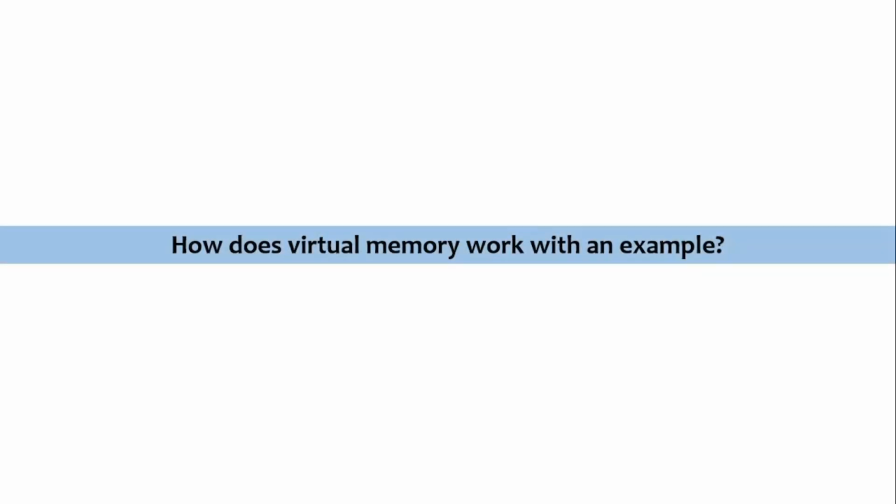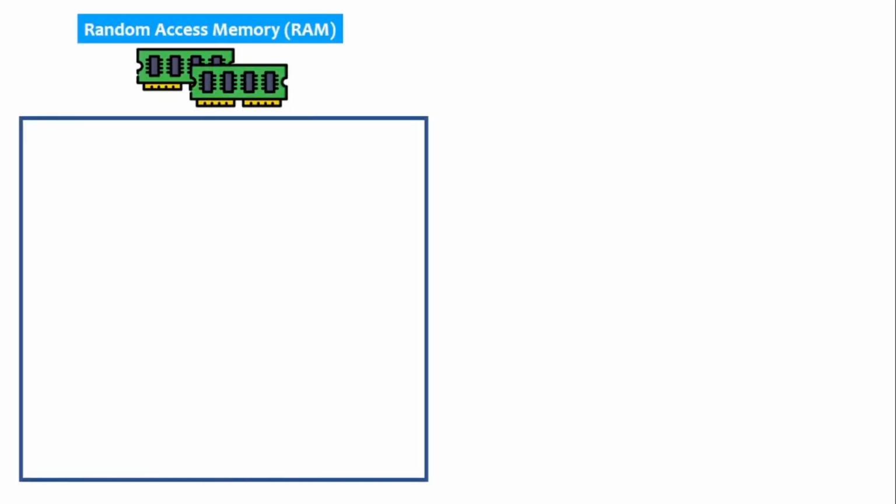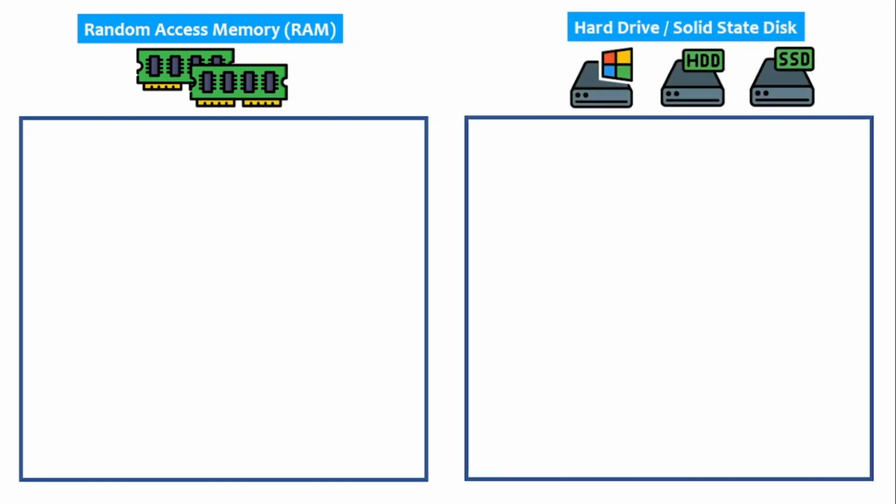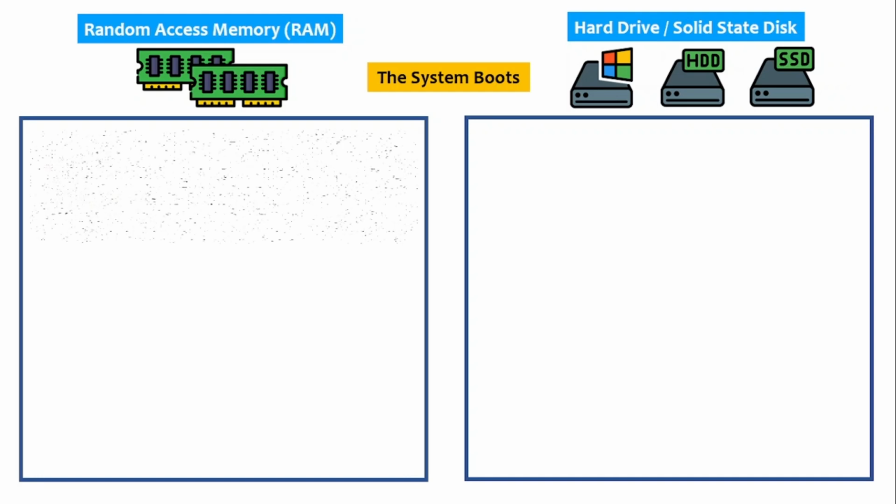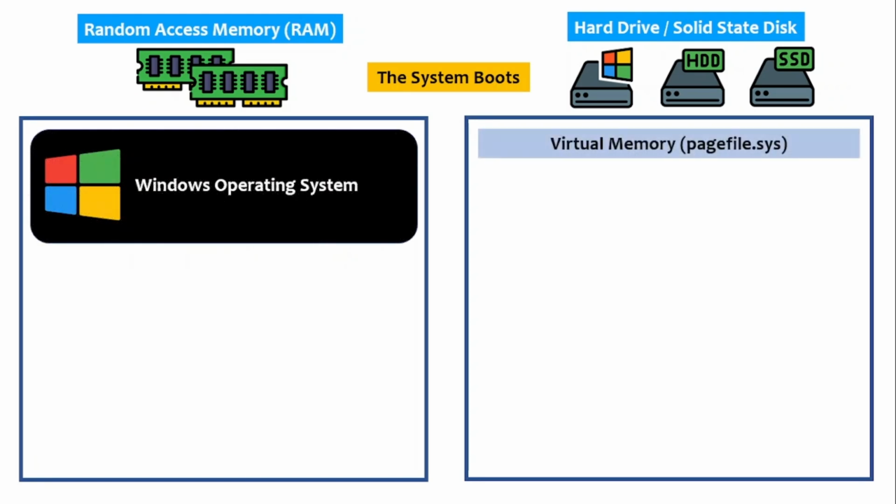So let us understand how this virtual memory works with an example. Let's say this is the RAM on our computer and this is the hard drive. Now the Windows operating system boots. As soon as it boots, the operating system gets loaded onto the RAM and virtual memory is created on the hard drive, and we normally start working.